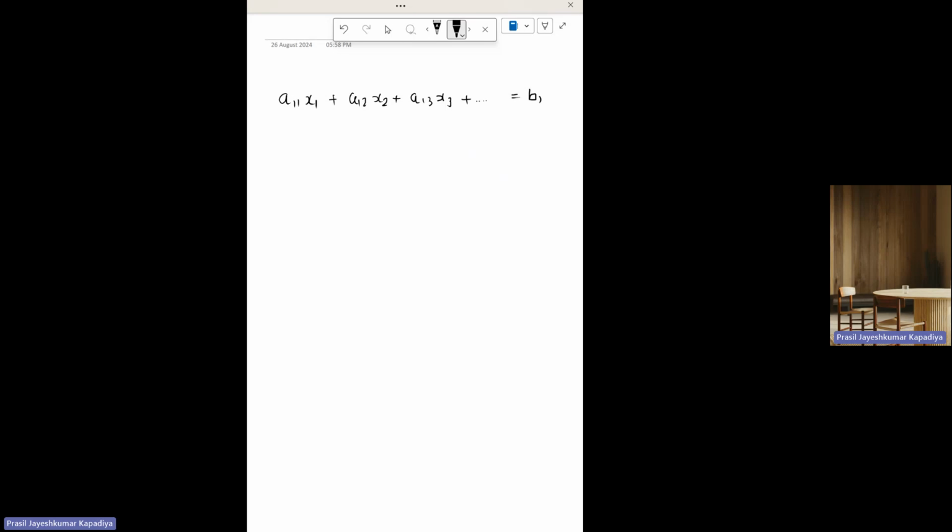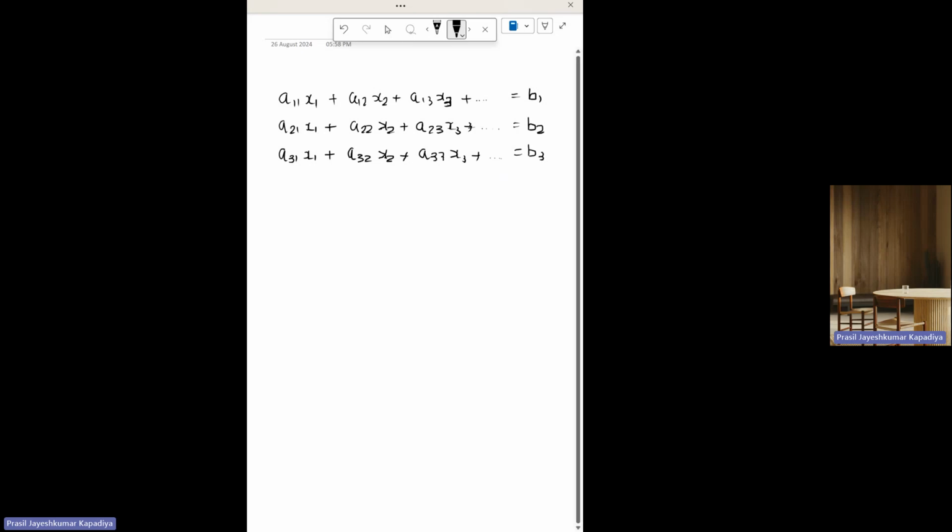Let's say it's b1. And let's say my second equation is a21 x1 plus a22 x2 plus a23 x3 plus up to so on is equal to b2. Let's say my third equation is a31 x1 plus a32 x2 plus a33 x3 plus till n is equal to b3.